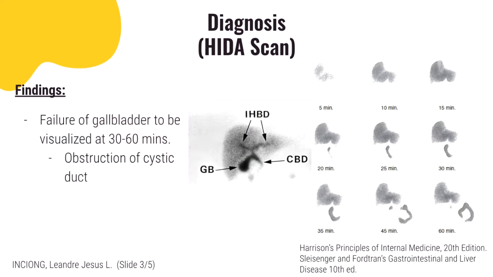Just to expound on that, your HIDA scan is really trying to trace the physiologic flow of your bile. In a normal individual, when the liver produces bile, it should flow through your common hepatic duct towards your common bile duct.